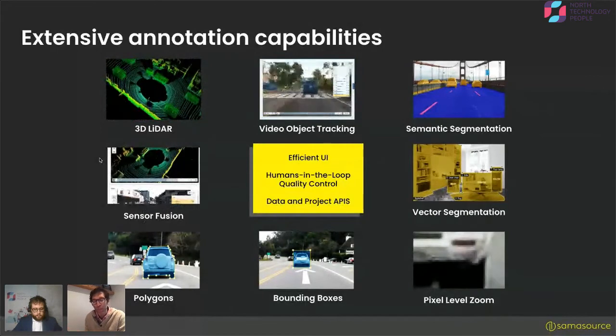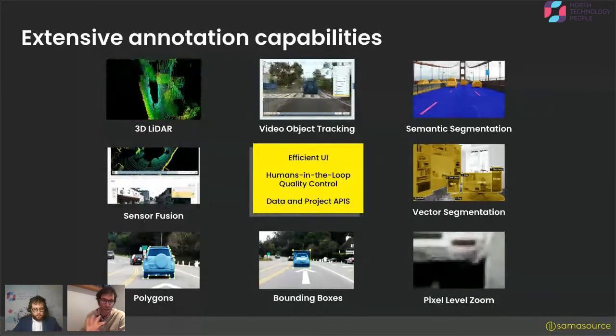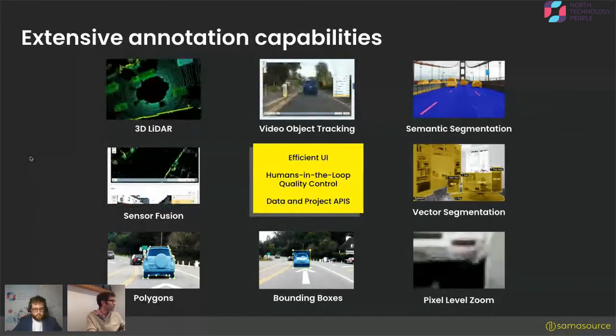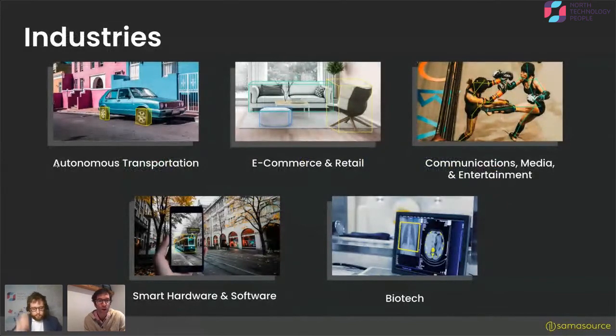I want to present to you some projects that we've been doing in machine learning. But before, I'll just describe a little bit more of the company and what we do. We work with multiple industries. Autonomous vehicles is a very big one, one in which we have some years of experience.